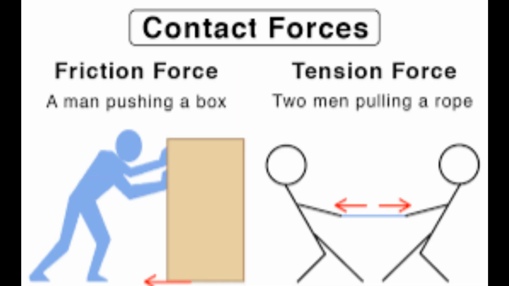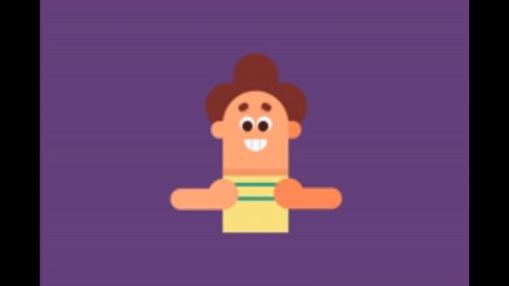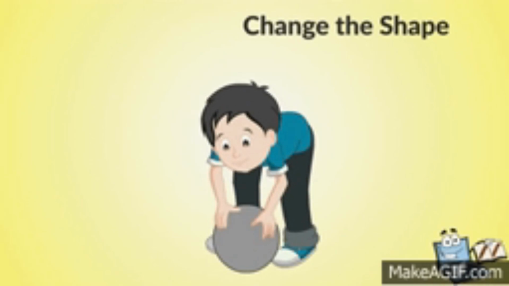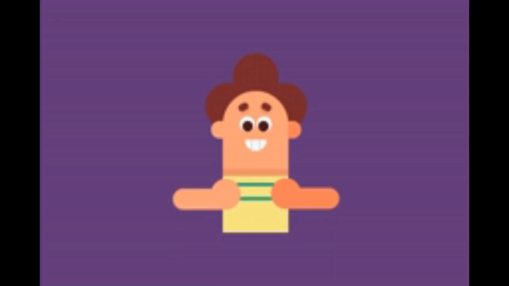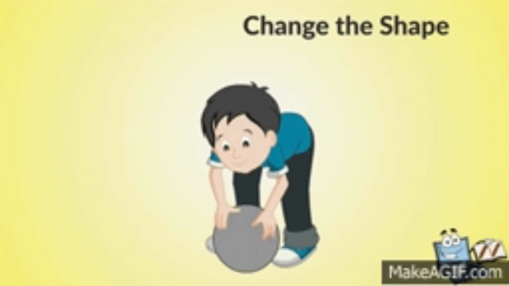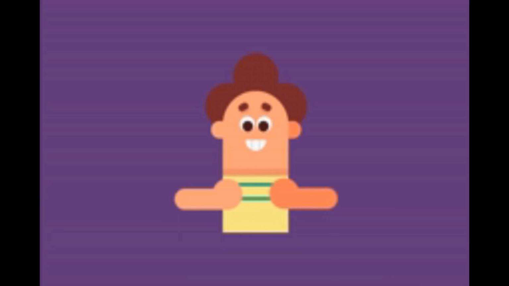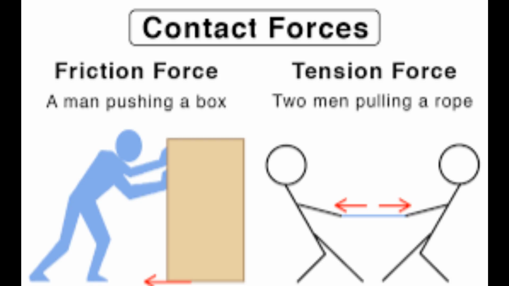Friction: the force that opposes motion between surfaces in contact. Applied force: a force exerted on an object by a person or another object. Tension: the force exerted by a stretched rope, string, or cable.